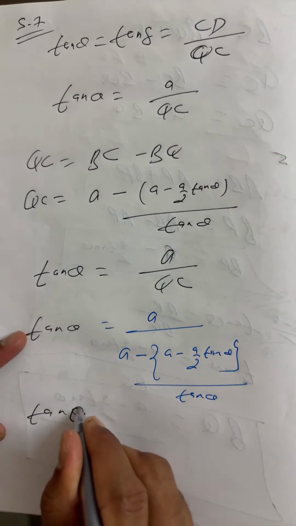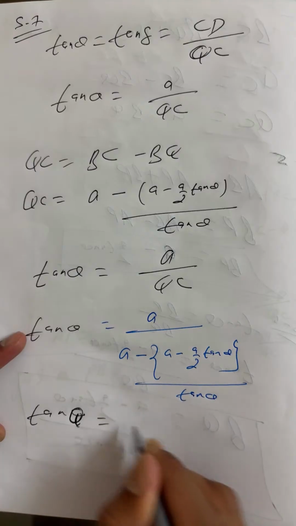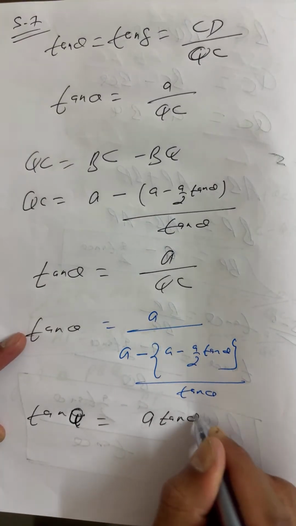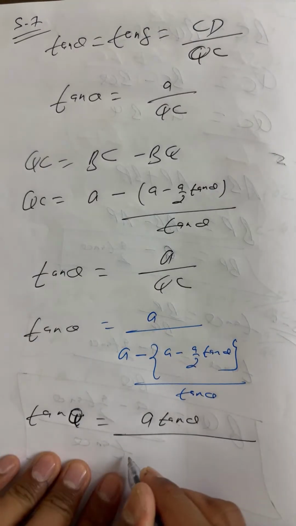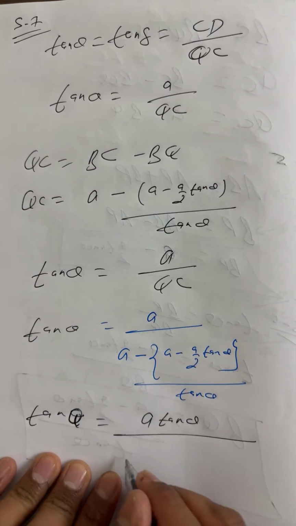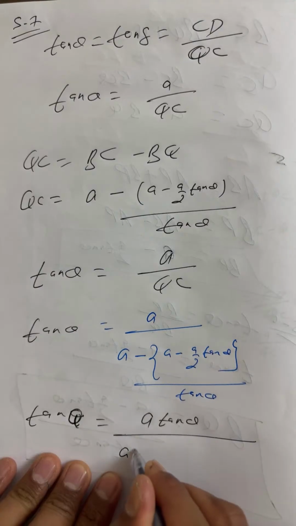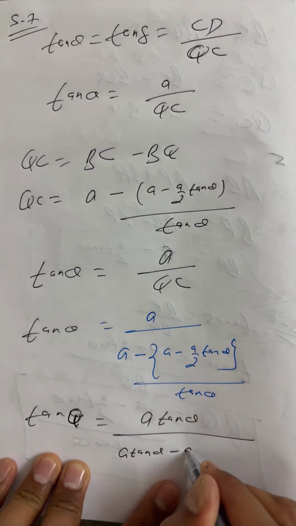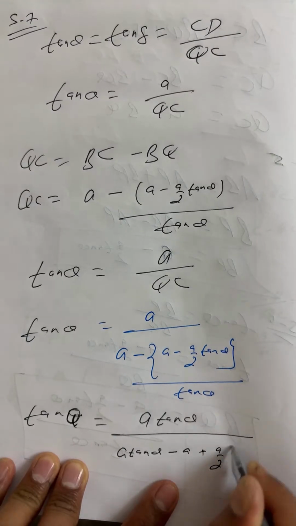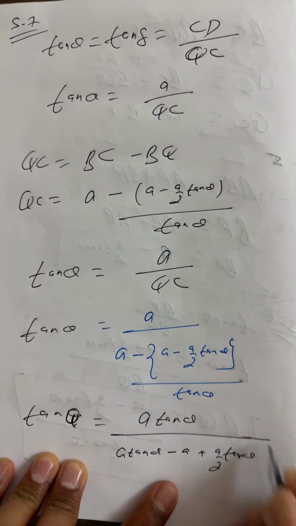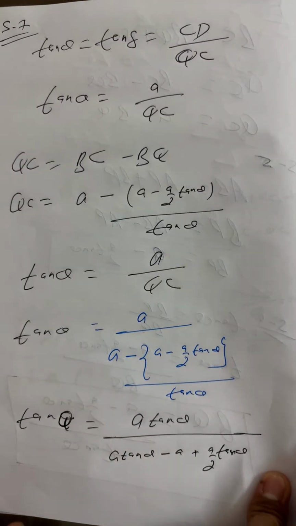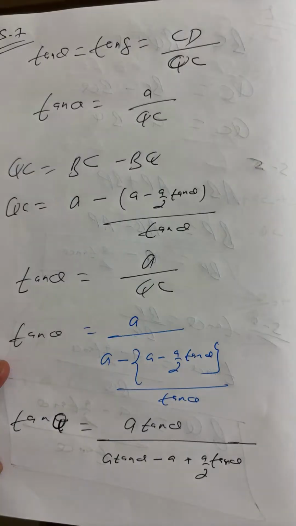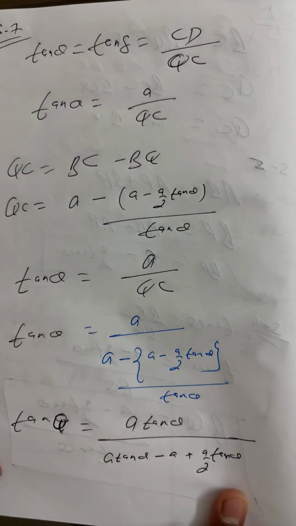So tan theta, you can write, is A times tan theta upon this. A tan theta minus A plus A by 2 tan theta. A by 2 what? Tan theta. Right. Okay, but I'll continue on the next step.